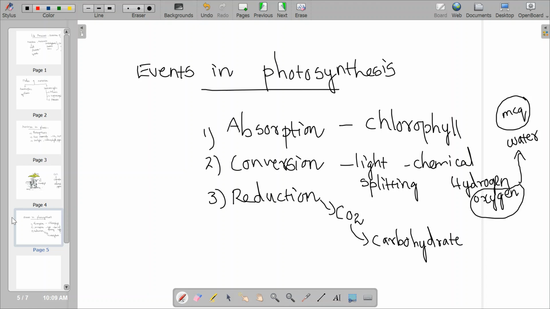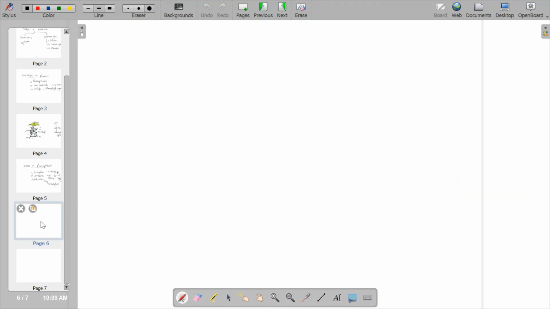Okay, and another important question for 10th grade, you can expect it for MCQ. The reaction of photosynthesis. We have a single reaction in this chapter, right?